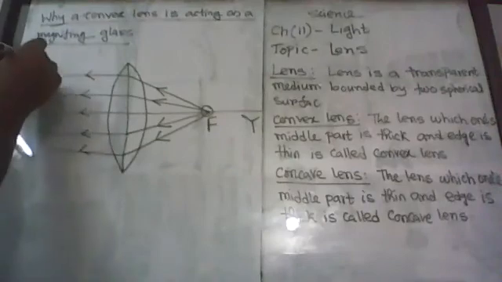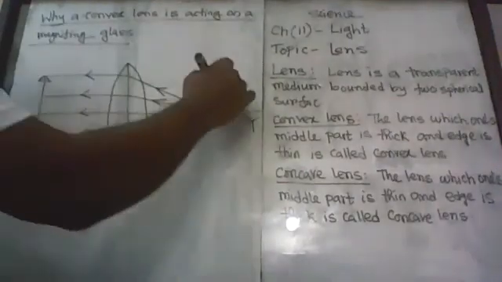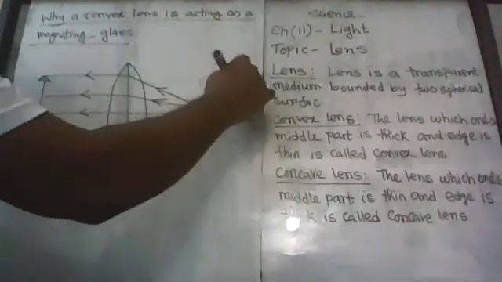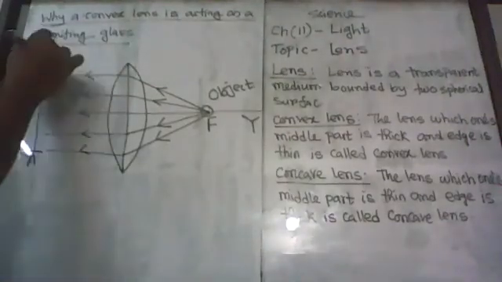And you can see a large extended version of the object. So this is the object at this end, and this is the image. AB is the image.